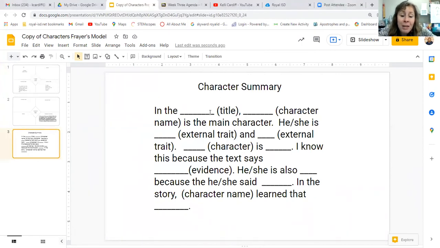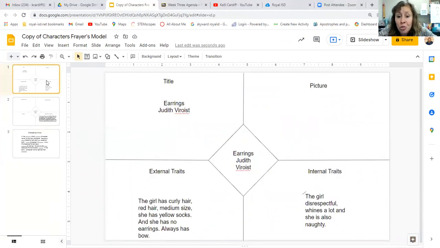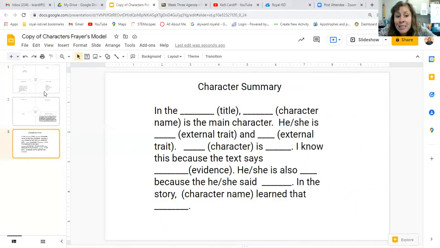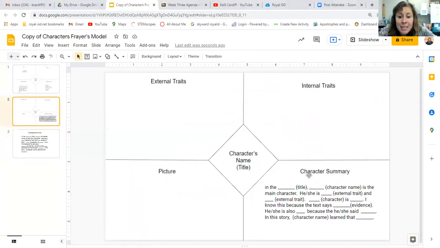So if we needed to do the character summary first, I'd put this also on there. And this could also help the student before we did the actual turn in part. But I would also model this and this so that I could give the student options. And here it is in this section too, that it all ties together for my higher levels.